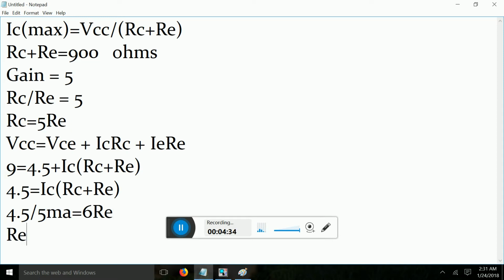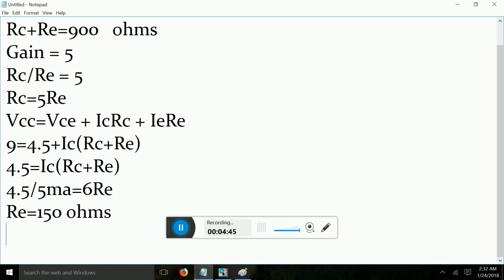So RE equals 150 ohms and RC equals 750 ohms.